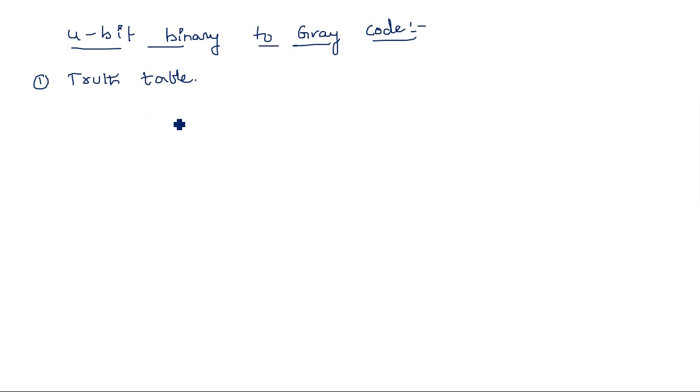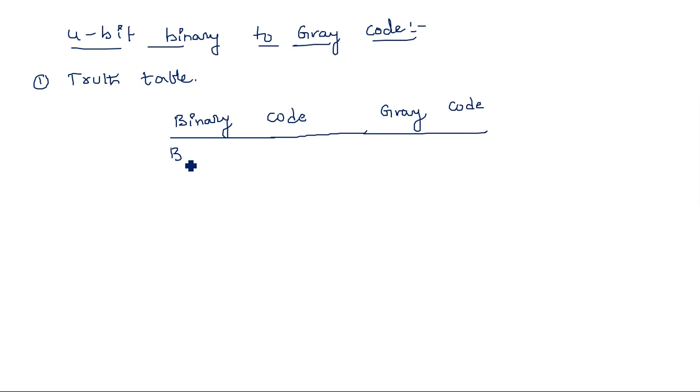On the left hand side you are having binary code, on the right side you are having gray code. Binary code we are representing as b3, b2, b1, b0, and gray code we are representing as g3, g2, g1, g0.